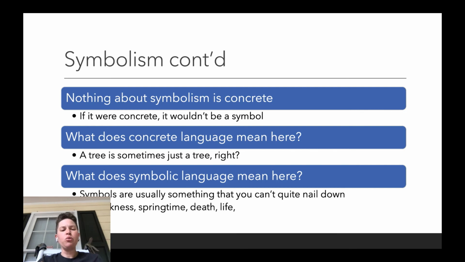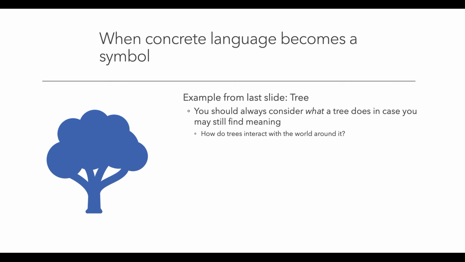Now, I would argue that if there's a tree in a piece of literature, we need to know more about this tree, right? Because this tree could very well be a symbol. I'll never forget it. I was in 10th grade English class, and a girl in my class raised her hand and said, what if the reason that, I can't even remember what we were reading, perhaps it might have been To Kill a Mockingbird.